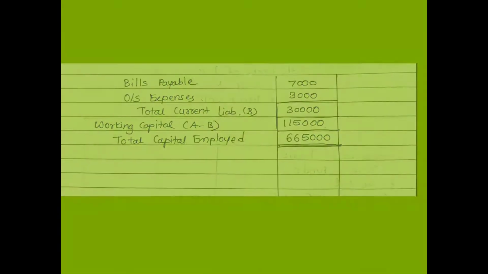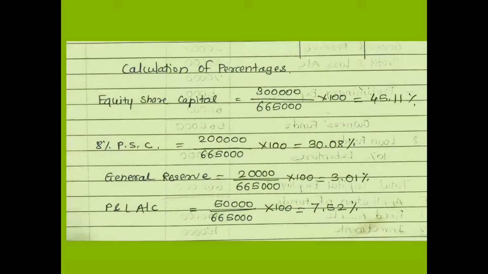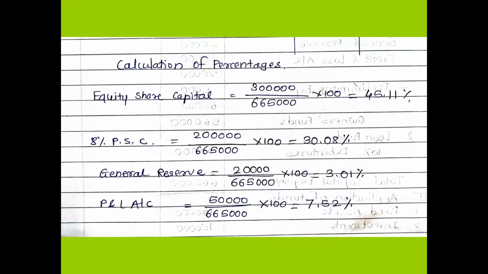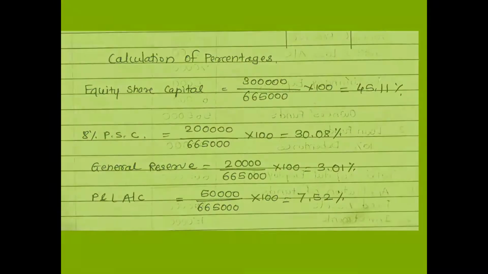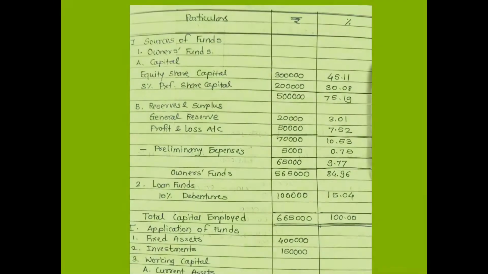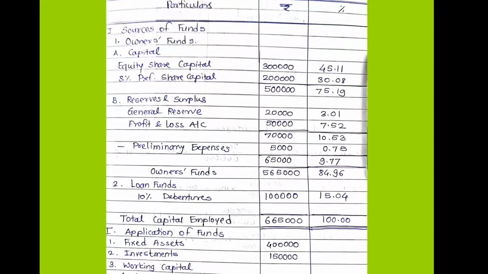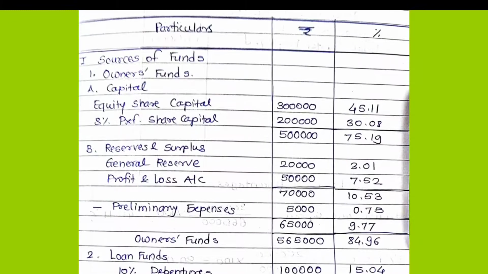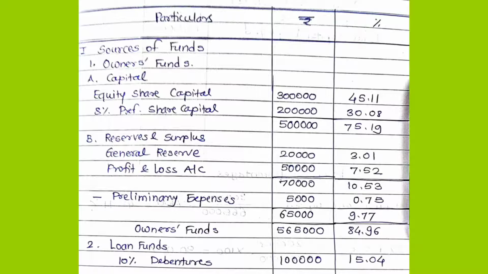Now after calculation of this percentage, we are going to write down each and every percentage into the next column. So here into the next column we have written the percentages. Equity share capital is 45.11%, preference share capital is 30.08%.